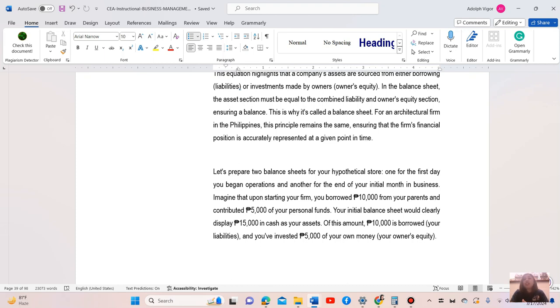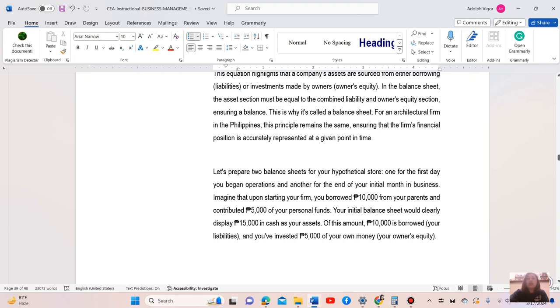Imagine that upon starting your firm, you borrowed 10,000 from your parents and contributed 5,000 of your personal funds. Your initial balance sheet would clearly display 15,000 in cash as your assets. Of this amount, 10,000 is borrowed, your liabilities, and you invested 5,000 of your own money, your owner's equity.